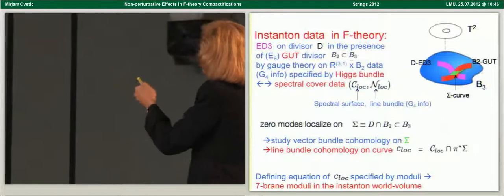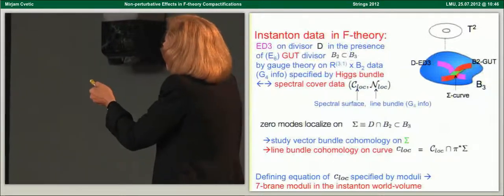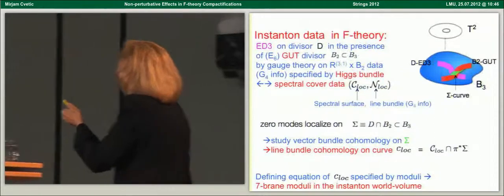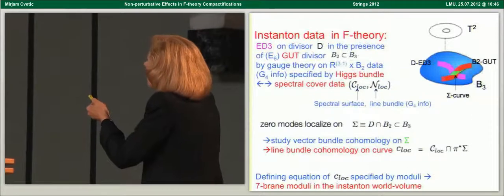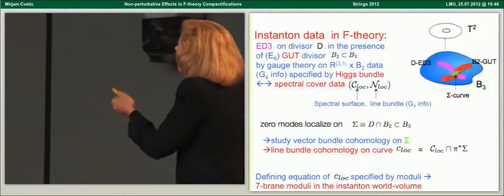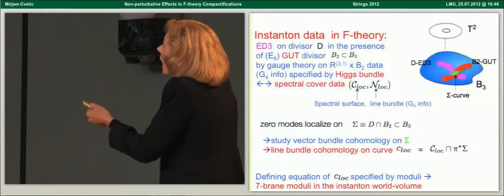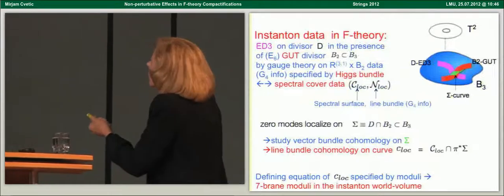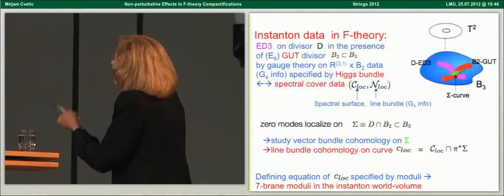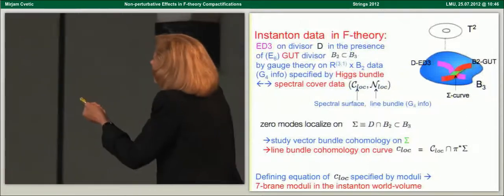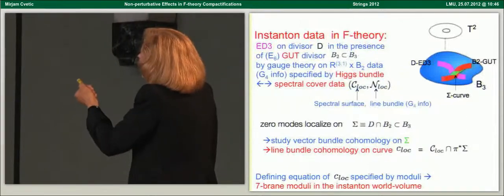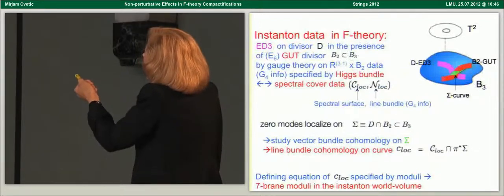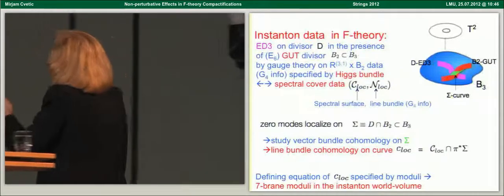And so when we want to get down to the information of how these degrees of freedom affect the properties of the instanton, we basically have to focus on this intersection curve and identify line bundle cohomology on a local spectral curve that is related to the spectral surface of the whole gauge GUT brane, but restricted in a specific way to the intersection curve.